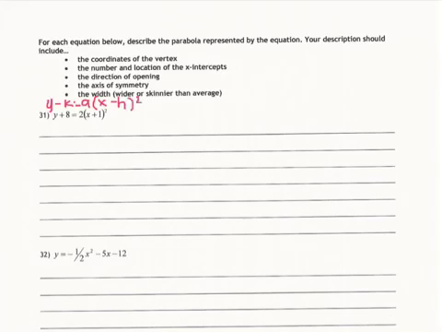So I'm taking my k value and my h value, and remember, because there are minuses in the equation, they're going to be the opposite of what they look like in the equation. So my vertex for this parabola would be at -1, -8.